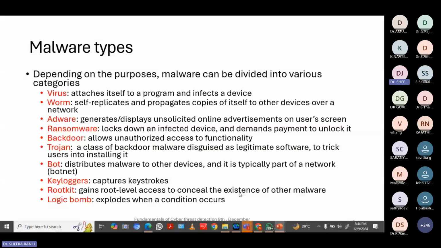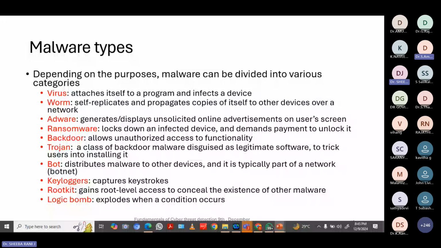What they will do is fully collapse the entire system, and further we can't use it. The motive is political or extortion, making us fearful. So these are the different types of malware.